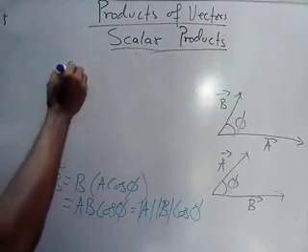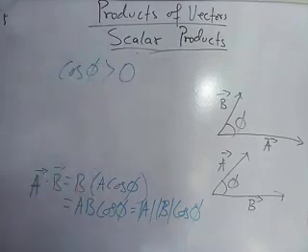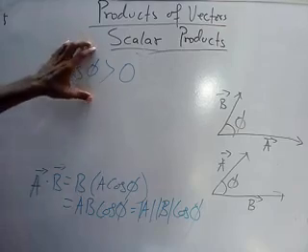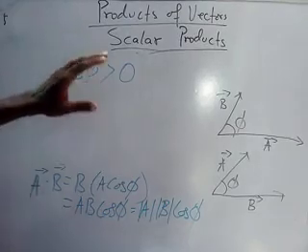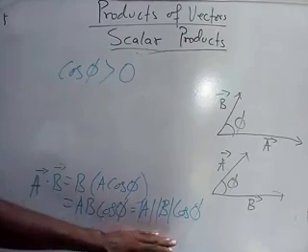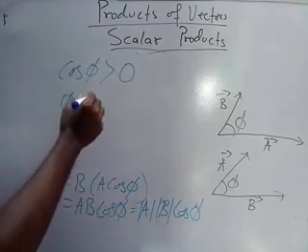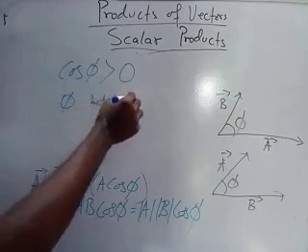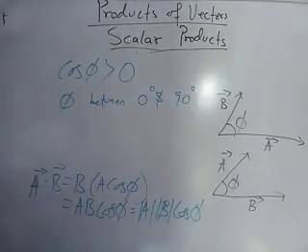When cos phi is greater than zero, and our value here is positive, it means that phi is between 0 and 90 degrees.